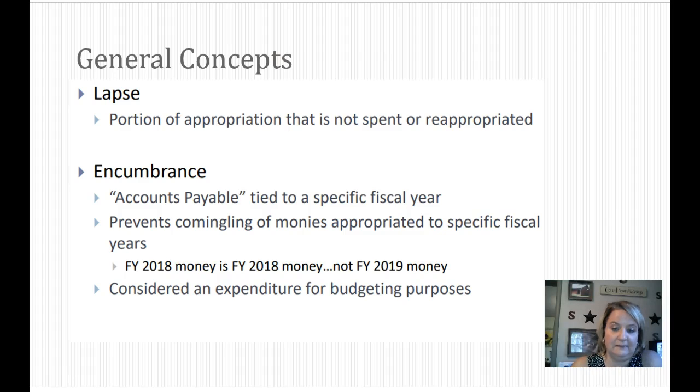That's the next example. So it makes sure you do not lose that money from fiscal 18 and do not spend fiscal 19 money. So it's considered an expenditure for budgeting purposes. There is a lot of that going on at the end of the year if we are trying to get down to zero. We need to make sure we are there.